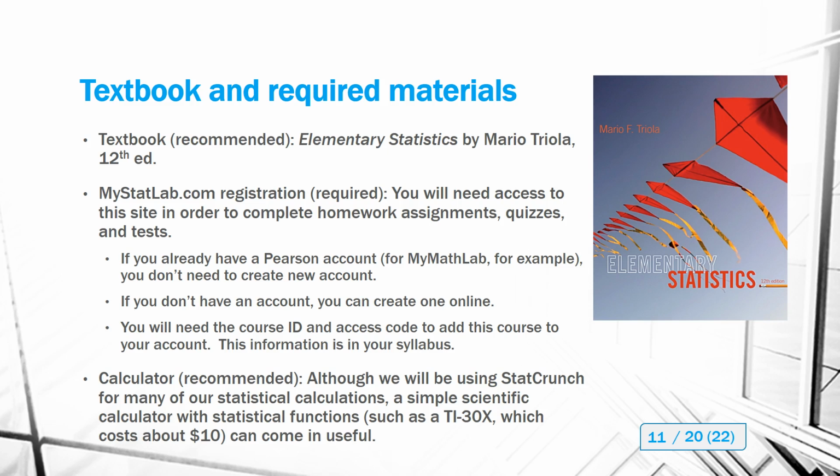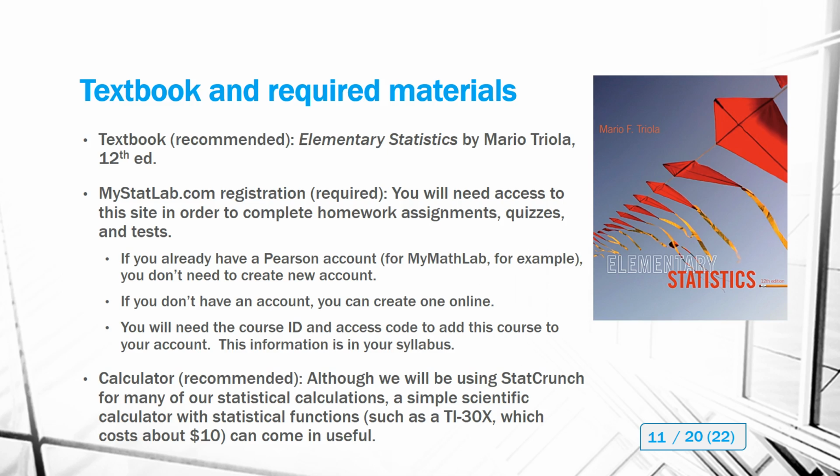And I don't know why Pearson has two different products for the same thing. It boggles my mind. Obviously, I'm not the one in charge, but if I were the one in charge, I'd have one product. This is what this does. This does it all. But apparently, that's not what Pearson decided to do. So both sites will take you to the same spot.